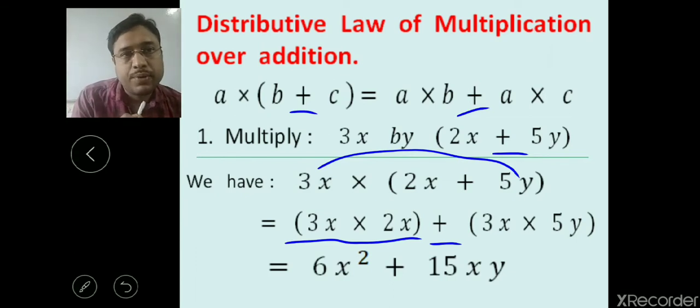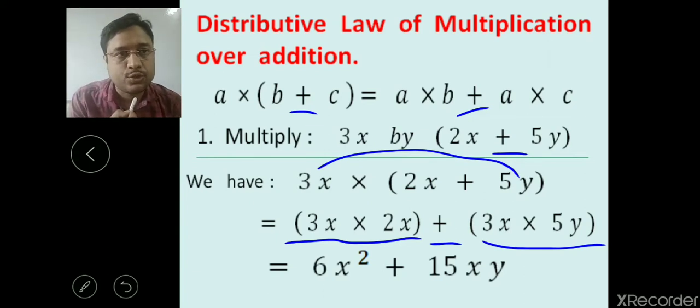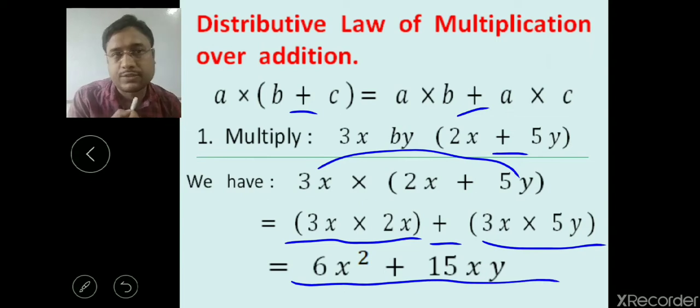Then you can multiply the numbers first: 3 into 2 is 6, and x into x is x square, and 3 into 5 is 15. Numbers multiply with numbers and variables with variables. So x into y, they are unlike variables, so x into y is xy only. So the result is 6x square plus 15xy. Okay, I hope it is quite clear.